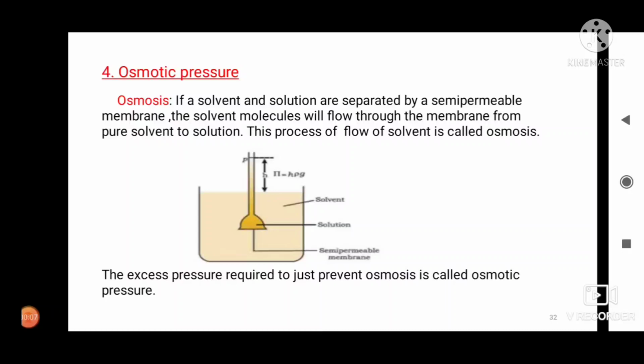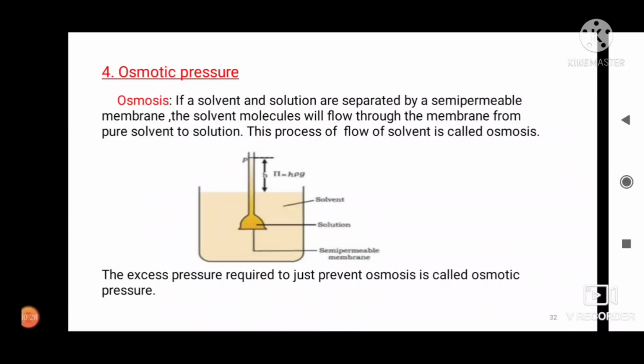If we look into these processes, we find one thing common in all: the substances are bound by membranes. These membranes can be of animal or vegetable origin, and this occurs naturally.